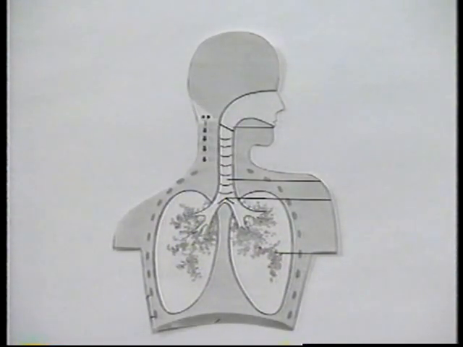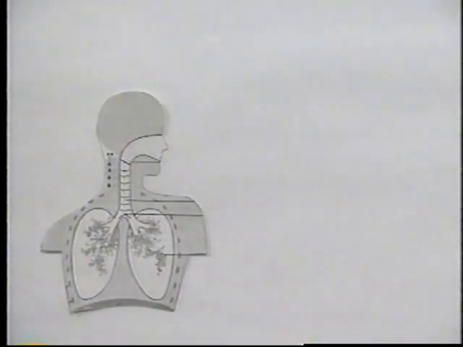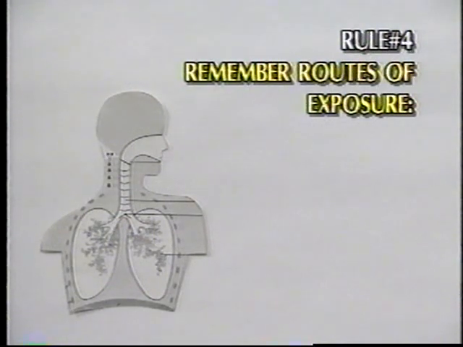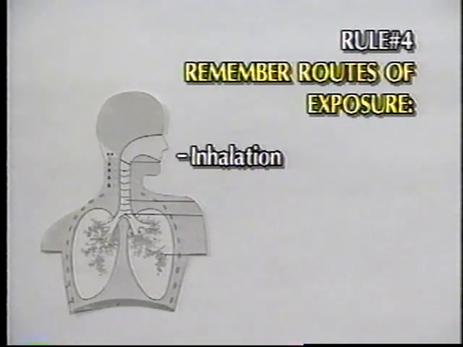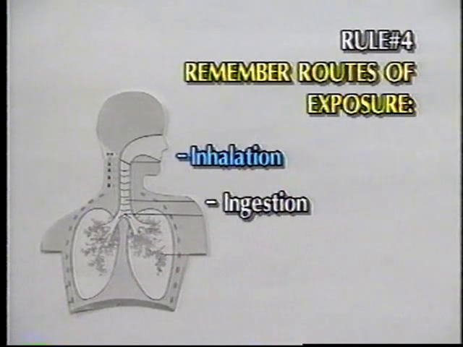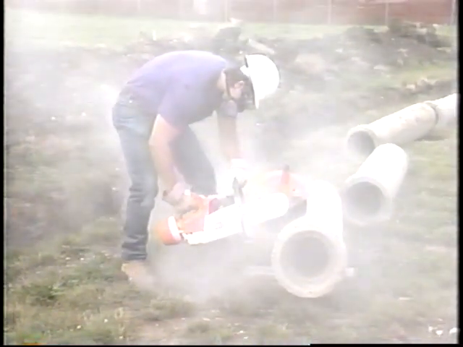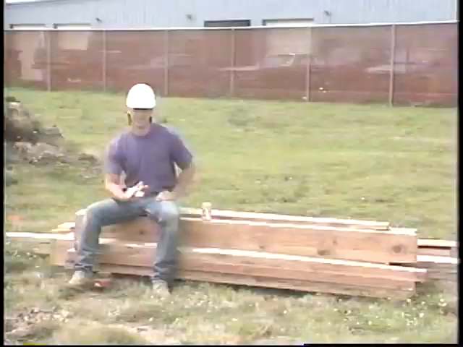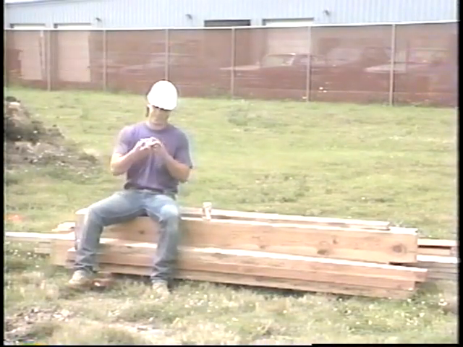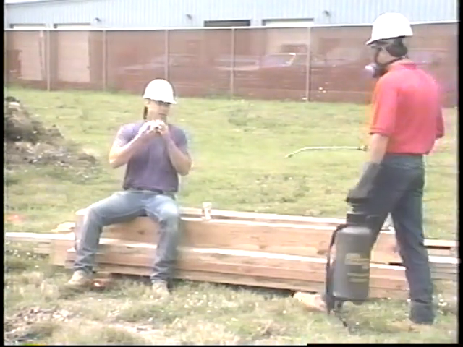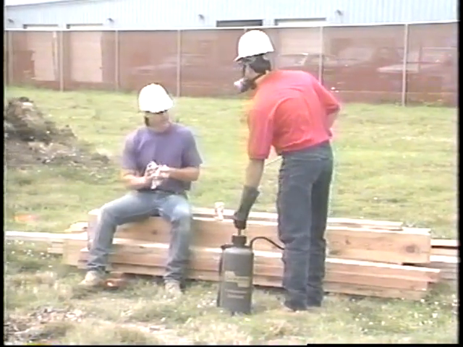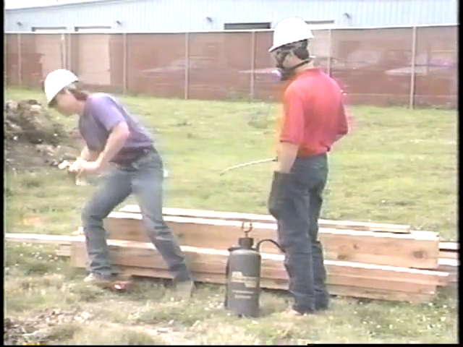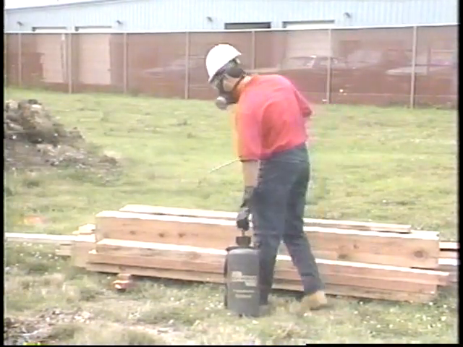Hazardous materials enter the body in three ways, called routes of exposure. They are inhalation, ingestion, and absorption. The most common is inhalation, breathing materials into your lungs. Ingestion is the swallowing of hazardous materials. Do not eat, drink, or use tobacco products where hazardous materials are being used.